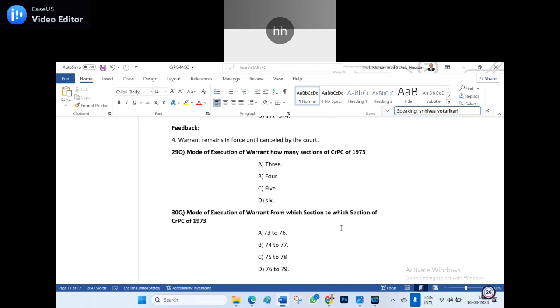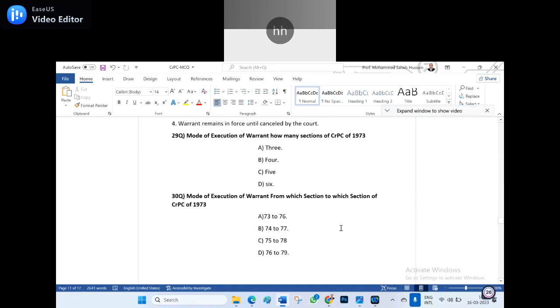So mode of execution of warrant from which section to which section of CRPC 1973? A, 73 to 76, B, 74 to 77, C, 75 to 78, D, 76 to 79. If you count, for instance, 73, 74, 75, 76, how many sections? 4. So the 4 sections are there. Now you shoot which is the proper sections among A, B, C, D.